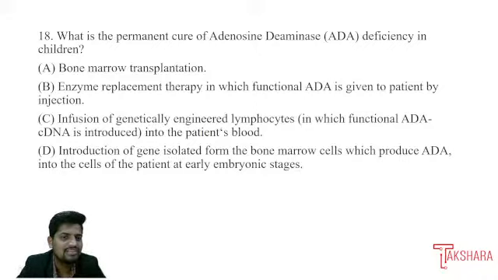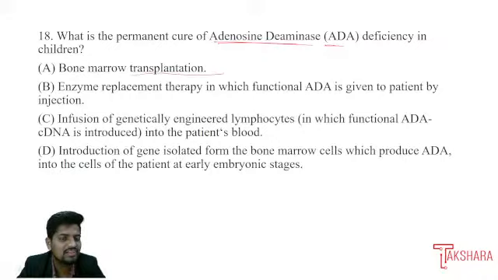And 18, what is the permanent cure for adenosine deaminase deficiency? We already know about gene therapy: modification or replacement of a defective gene, and insertion of a normal gene, as in ADA deficiency in children.